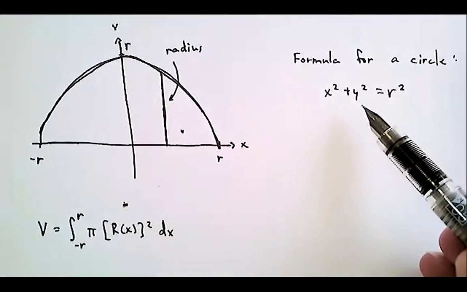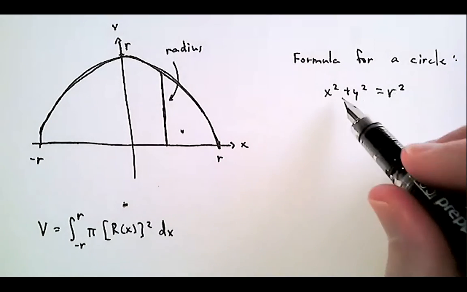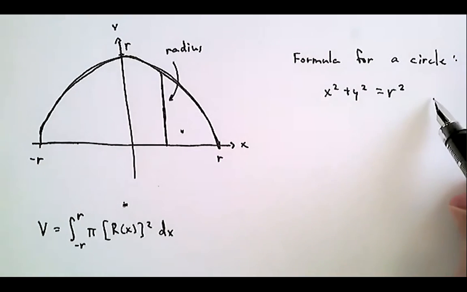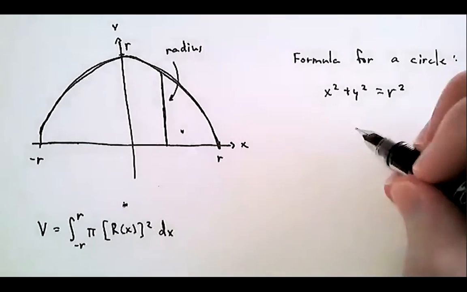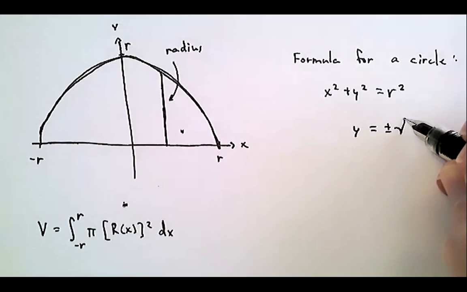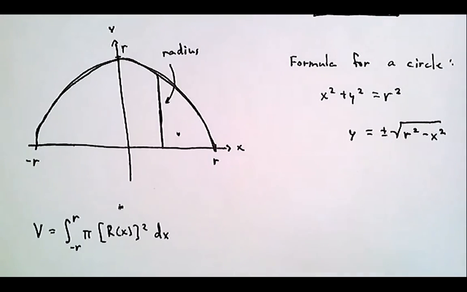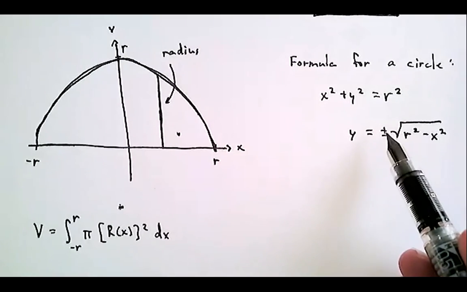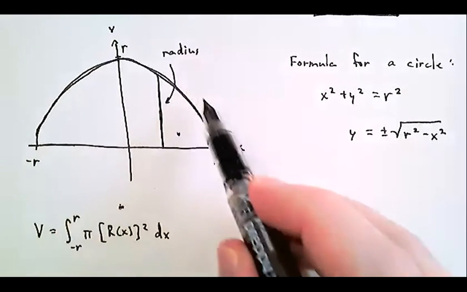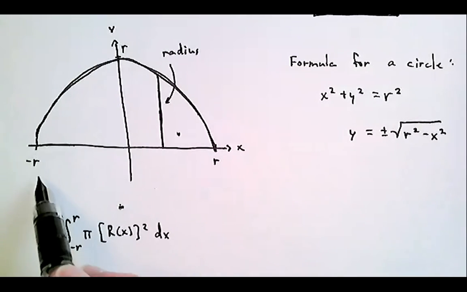So what we need to do is solve for y. I think we did this the other day, but in essence, you move the x term to the right, and then you have to take a square root. So you end up with y equals plus or minus the square root of r squared minus x squared. But for an upper half circle, we're only looking at positive y values, so we're going to ignore this minus half because it would be down here.